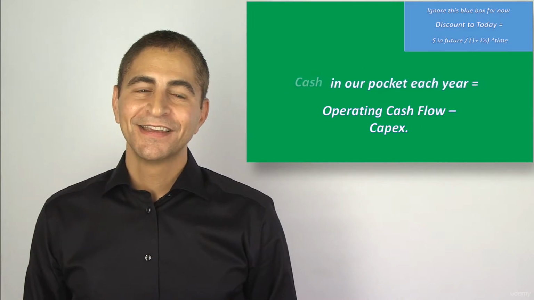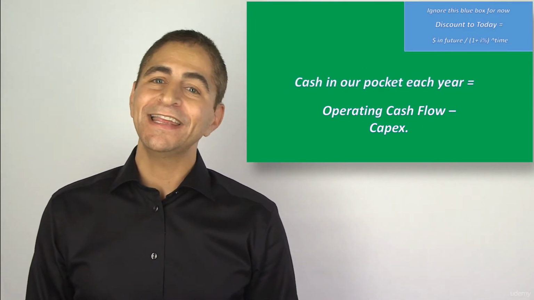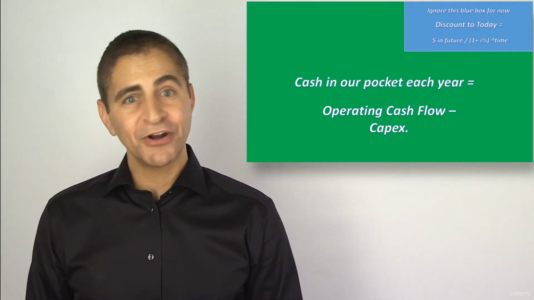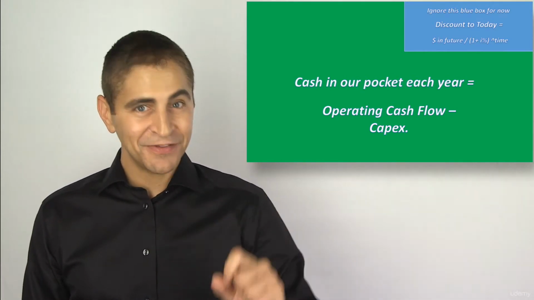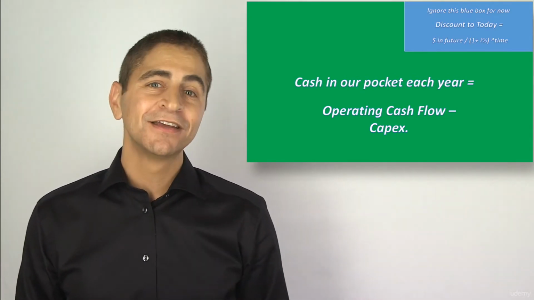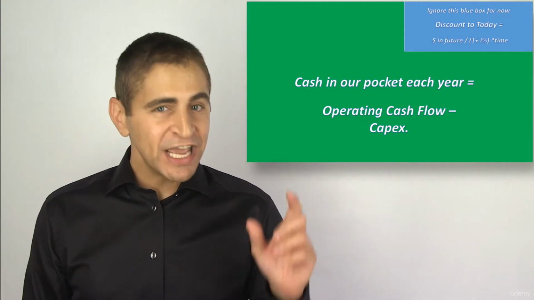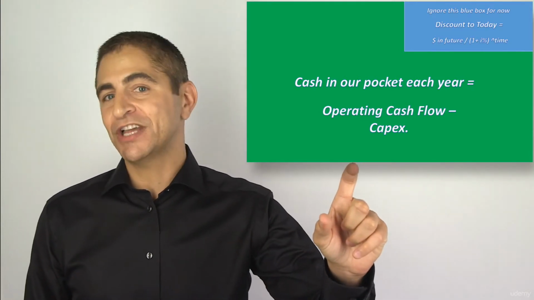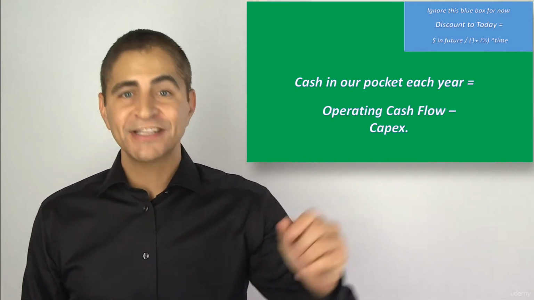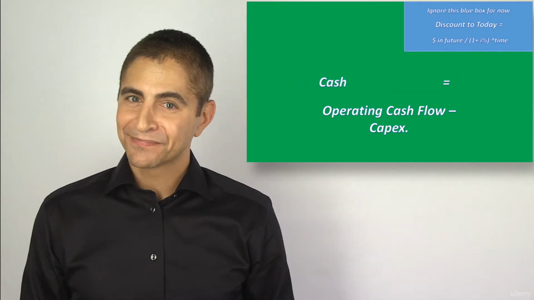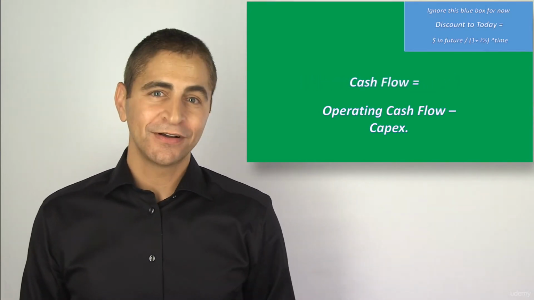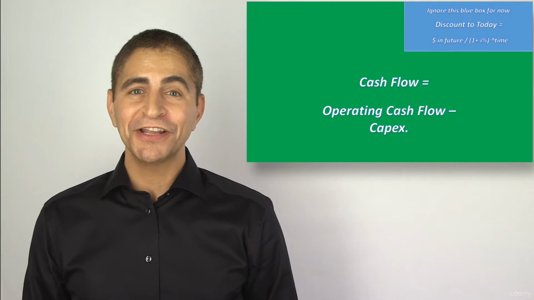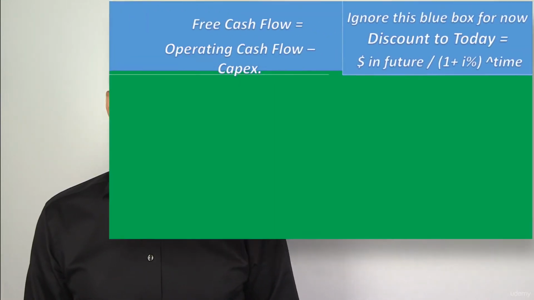And so cash in our pocket each year equals operating cash flow, which is the first section of the cash flow statement, minus CapEx. And that's going to give you cash flow. For some reason, they actually call it free cash flow.